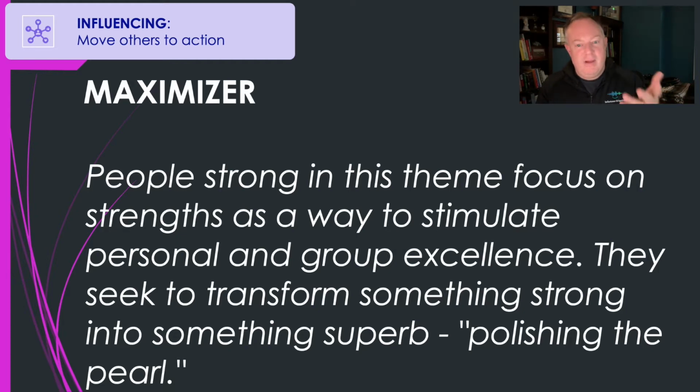Like if you're a maximizer and also an achiever, set up tasks for yourself, and we'll talk about these other strengths in a minute, to automatically remind you to call your grandma or set up those special appointments to connect with people. That way you can essentially focus on maximizing your skills and fill those potholes that might affect your life, like we talked about. Study best practices in others and other organizations, other industries.